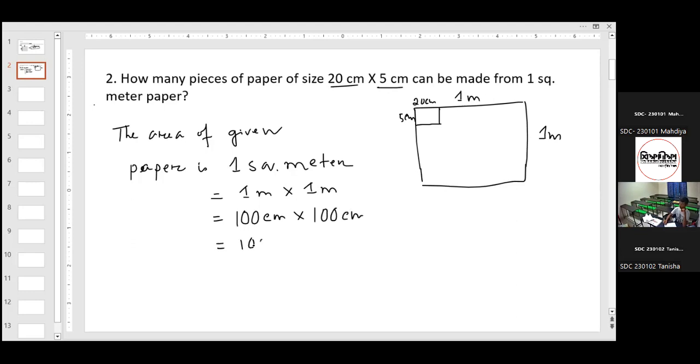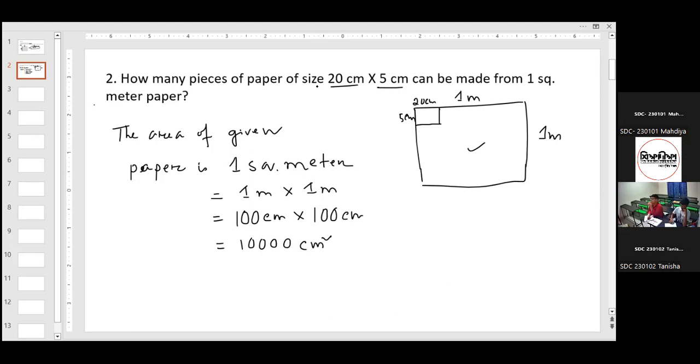So it's going to be 10,000 centimeter square. So this is the size of this given paper, if we actually scale as centimeter, right?